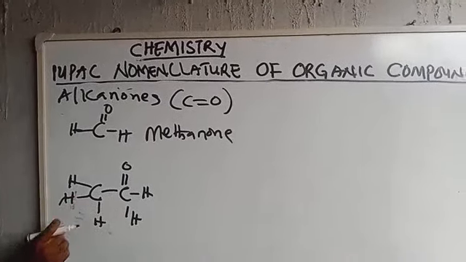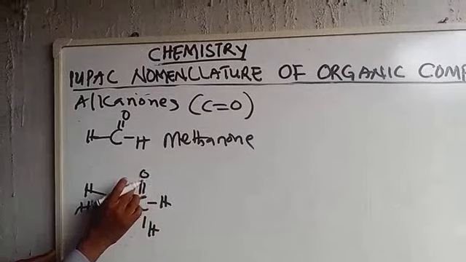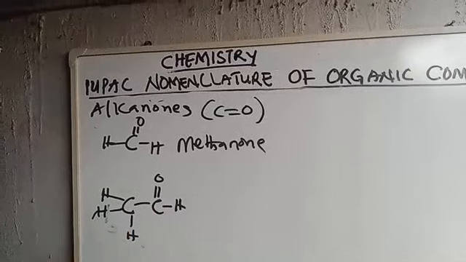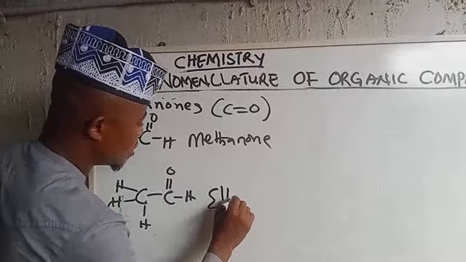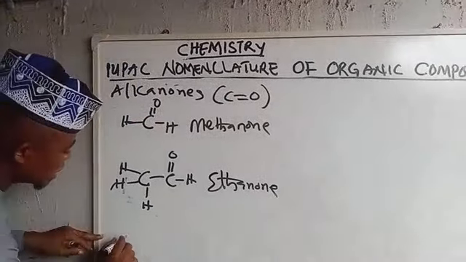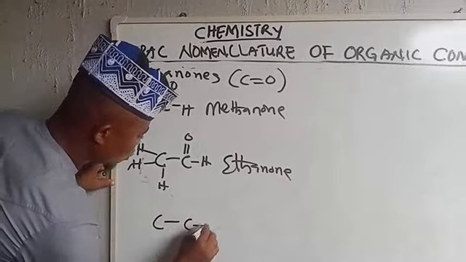Alright, now 2 carbon compounds. We have 1, 2, 3. 1, 2, 3, 4, 5. I think I'm adding too much hydrogen. Yeah, this is the functional group. So this is going to be ethanone. What if it's a 3 carbon compound? We have 1, 2, 3.